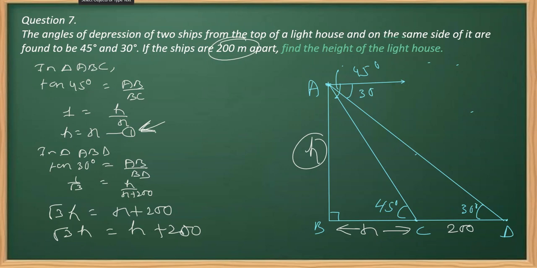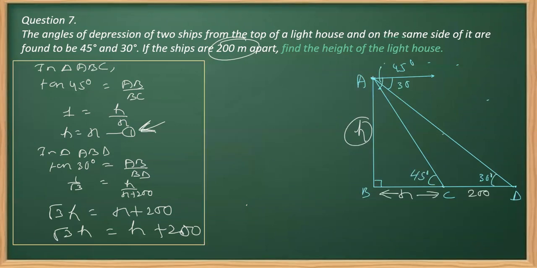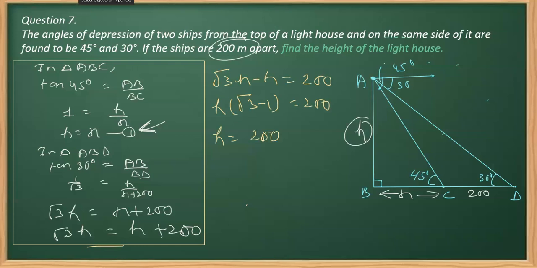Now we will transpose to get the value of H, keeping H on the same side. This is root 3 H minus H is equal to 200, and taking H common, you will get H times root 3 minus 1 is equal to 200. So finally, H is going to be 200 over root 3 minus 1.